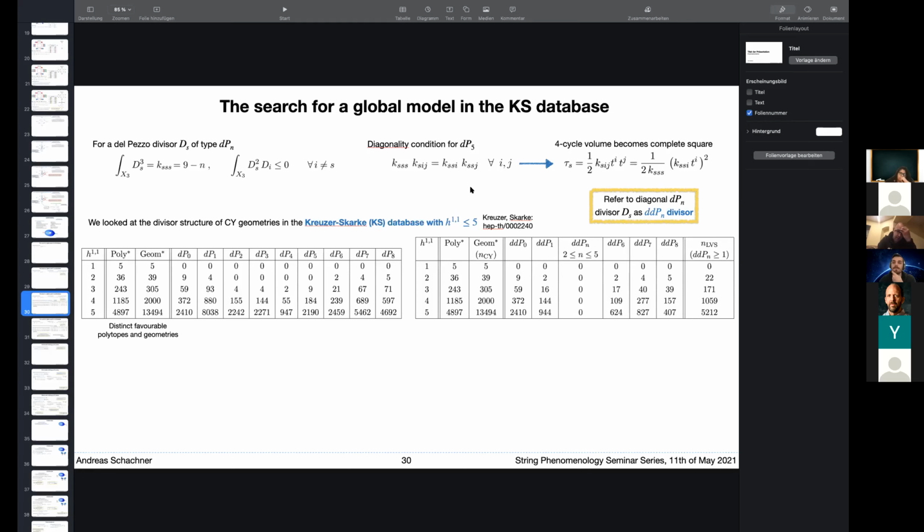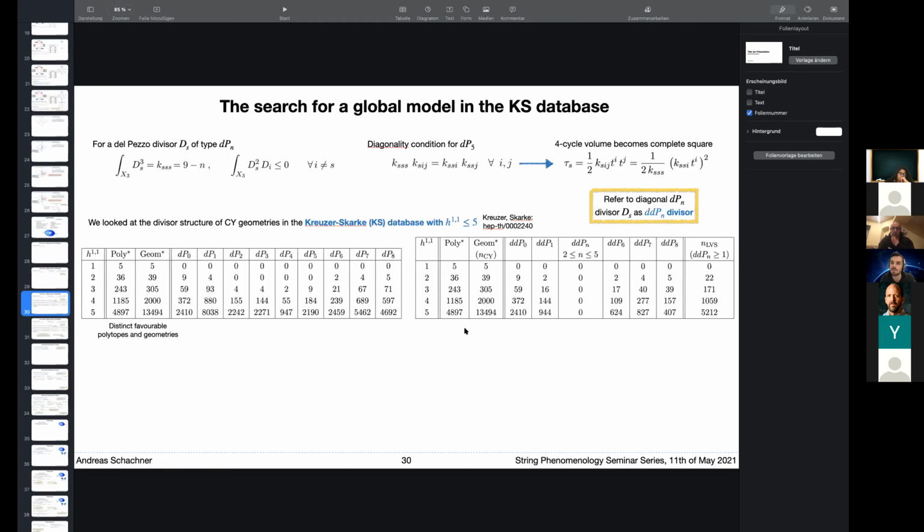Do you have at any point any understanding of why those zeros in the table appear geometrically? I really don't have a good understanding of that. It's a bit mysterious. For example, personally, I would say that there's a difference going from the dP4 to the dP5, in the sense that the dP5 comes itself with complex structure deformations.